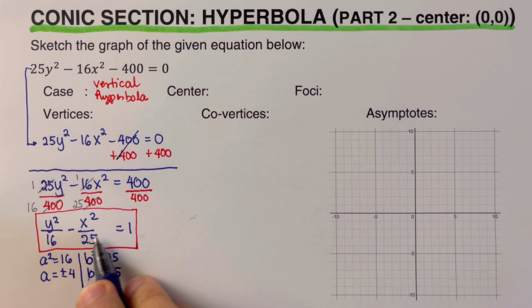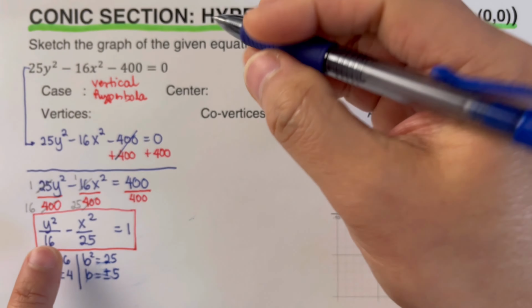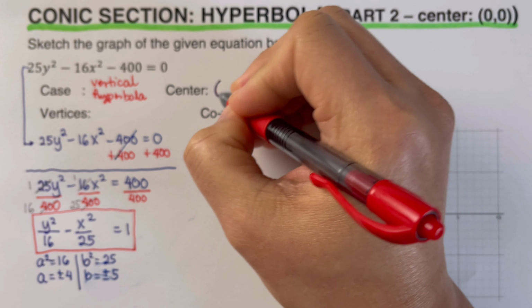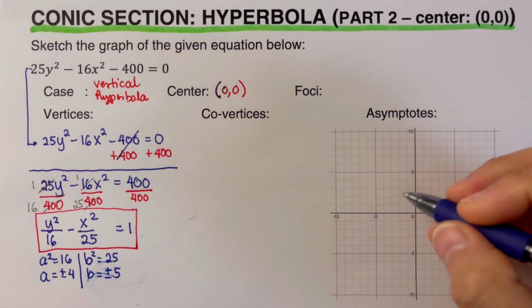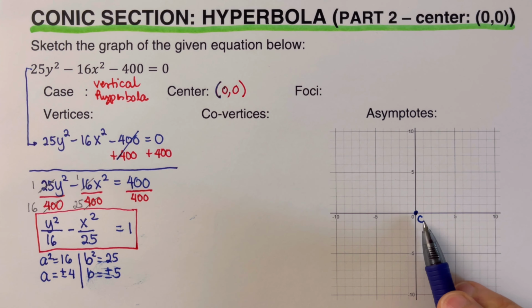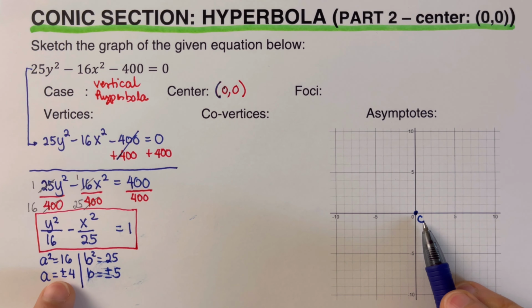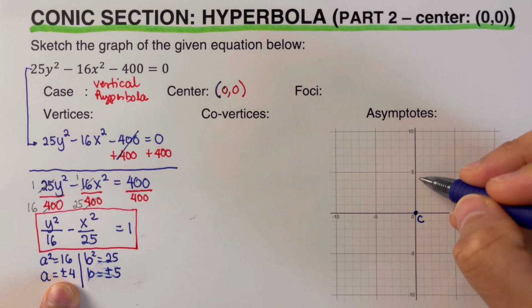Looking at this, it is a hyperbola with center at 0, 0. So I'm going to write that up here. Our center is at 0, 0. So I will plot that down here. This is the center of this hyperbola. And since this is a vertical hyperbola, our a is the number that we go up and go down. So I go up 4.